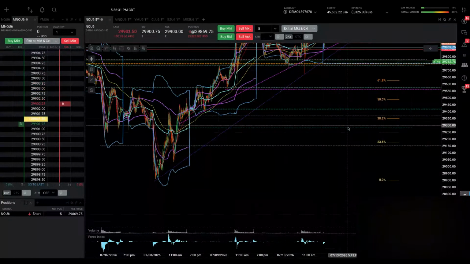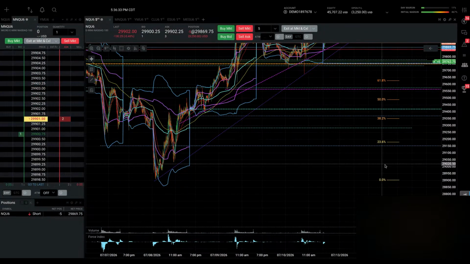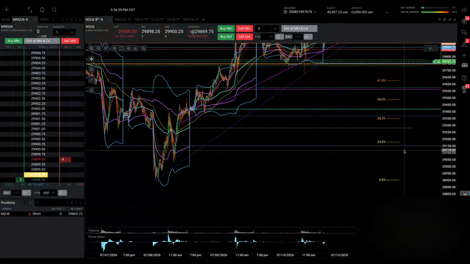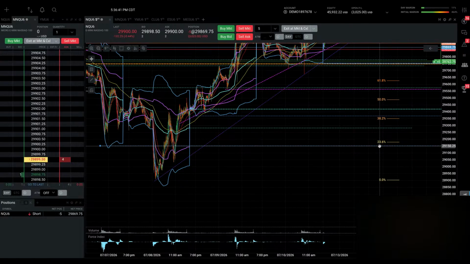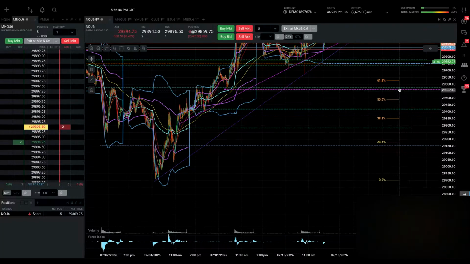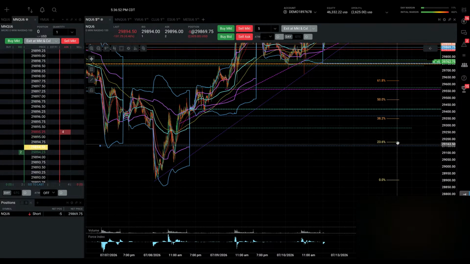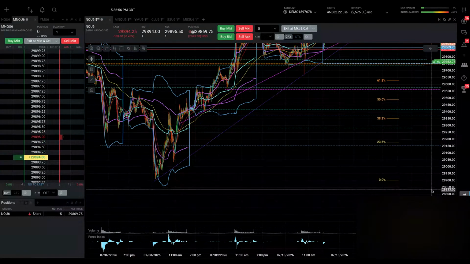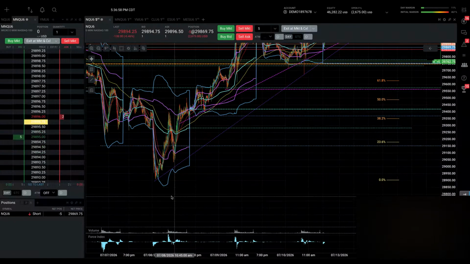So if we were coming down here, I would be looking for a nice reversal, potentially around here, if we can hold above this level only and we continue to break through the upper horizontal lines. If we don't and we keep rejecting, then obviously we can get down into here.